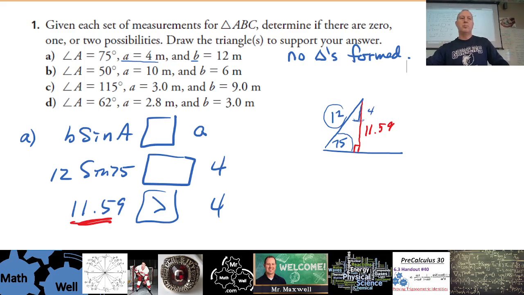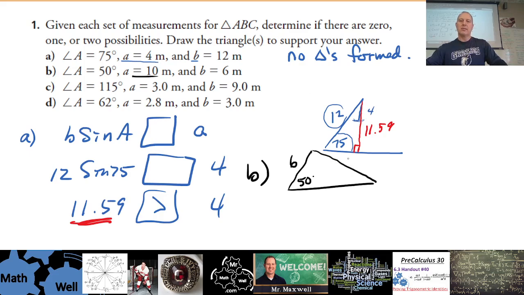Okay, let's do B. Angle A is 50 degrees, so I'm going to try and make about a 50 degree angle there. The opposite side is 10, the adjacent side is 6. Look at this, the opposite side is 10, that's way bigger than 6. So I know automatically, because A is greater than B, there's one triangle formed.